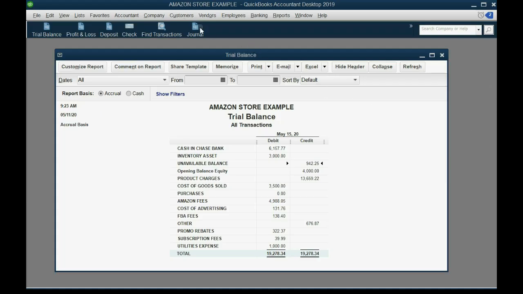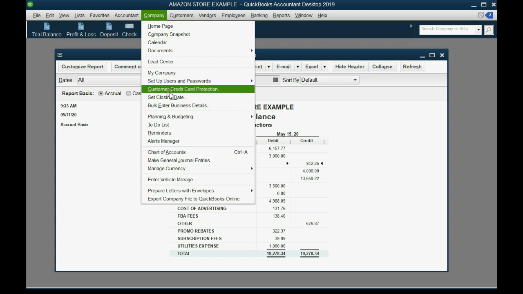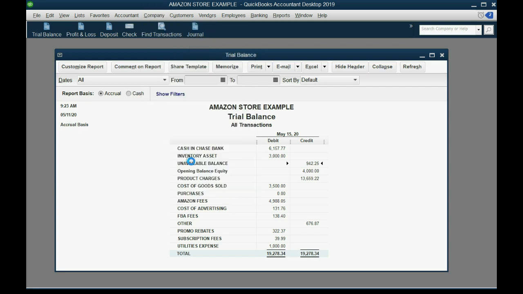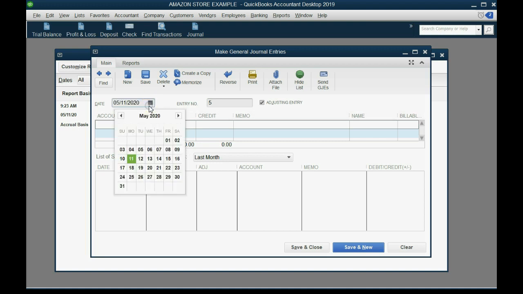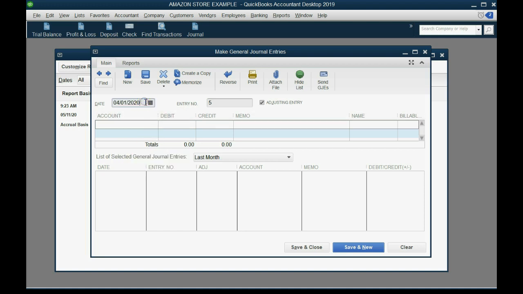From the main menu, we click Company, Make General Journal Entry. Now, it really doesn't matter the date, but we really should be consistent. We really should adjust it as of April 1 of 2019, so that this way the numbers work out.